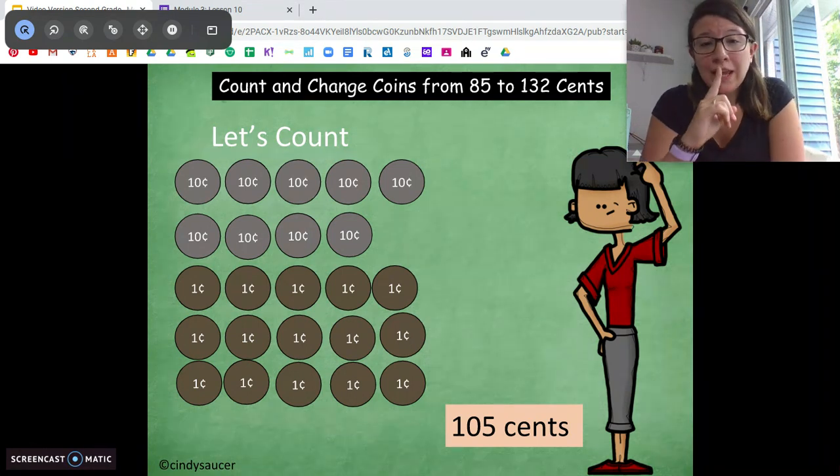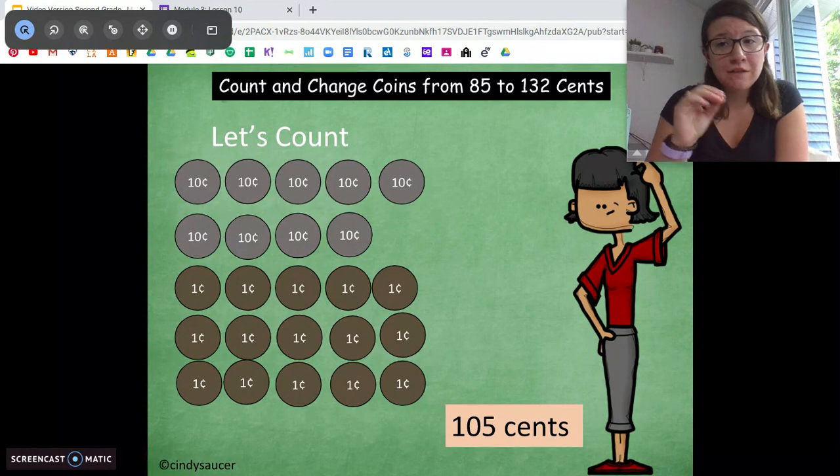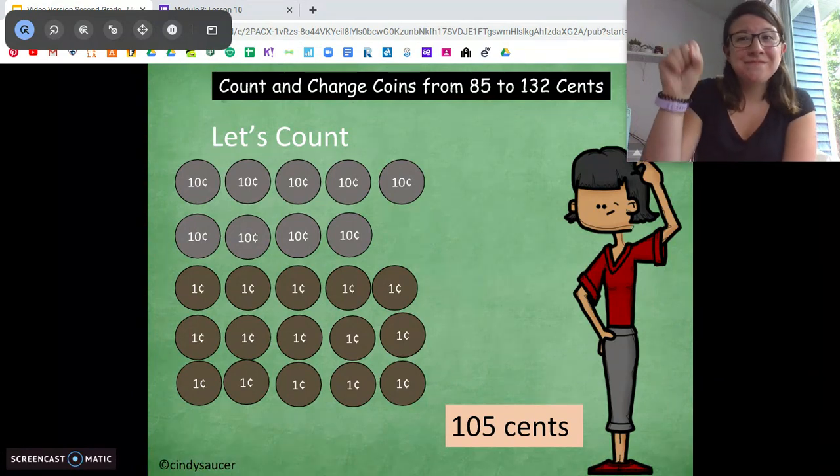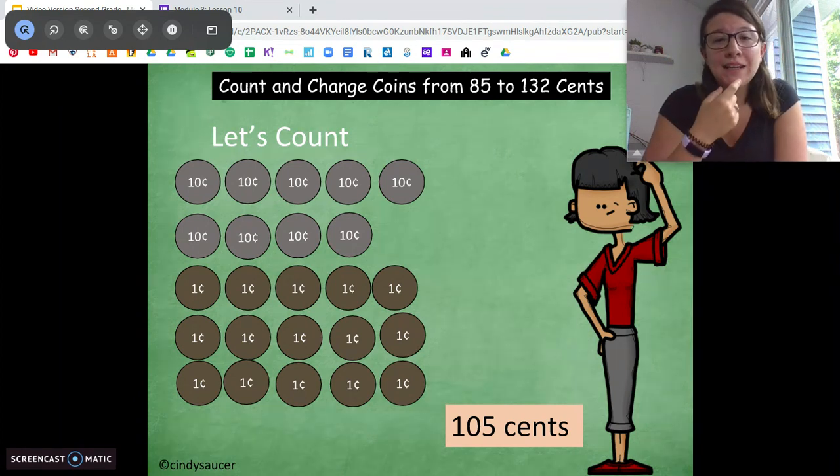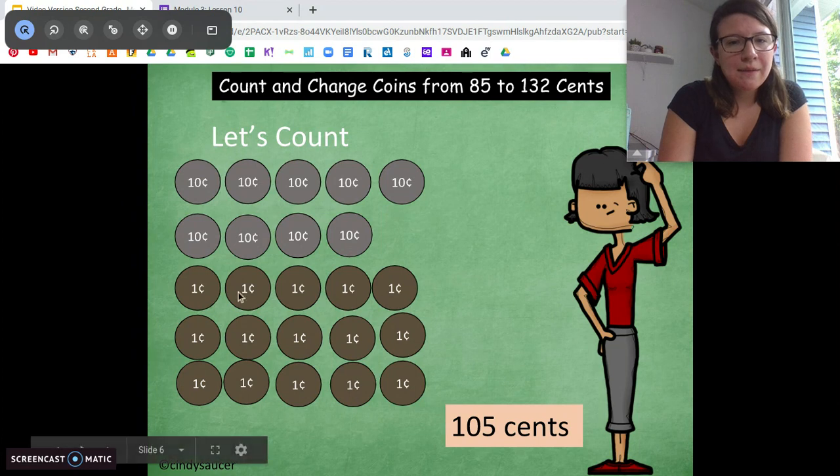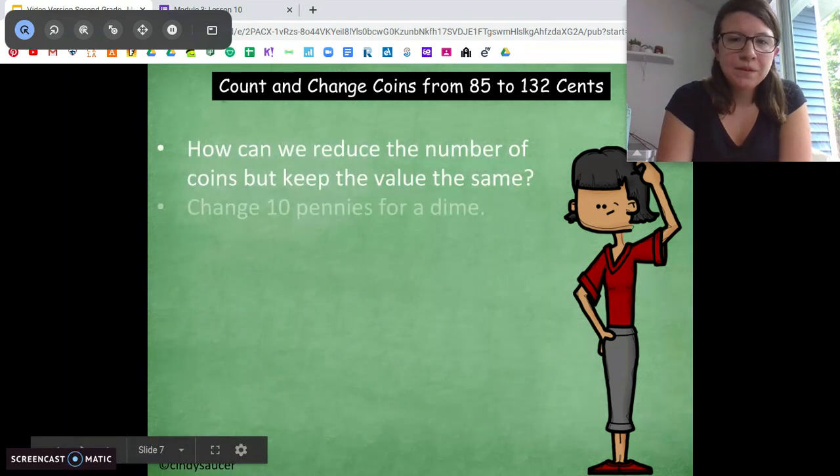In this one, do we have enough pennies to exchange it for a dime? Very good. We need how many pennies to exchange it for a dime? 10. So we can take these 10 pennies and exchange them for a dime.